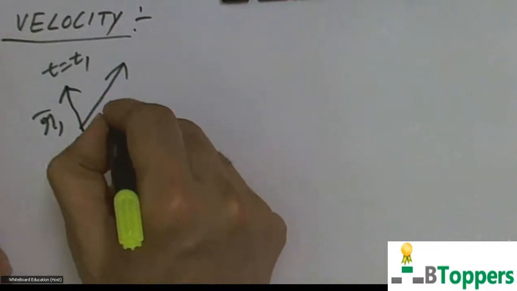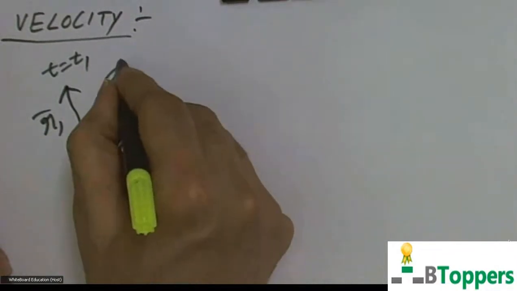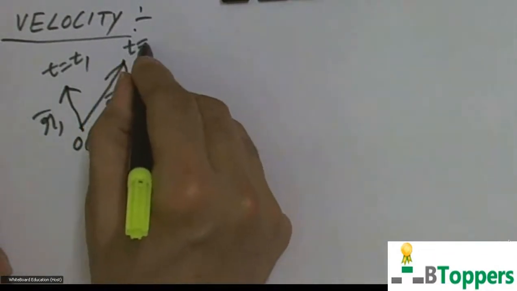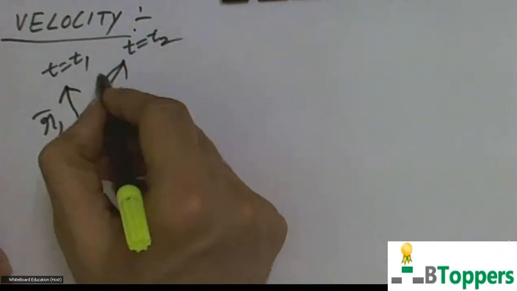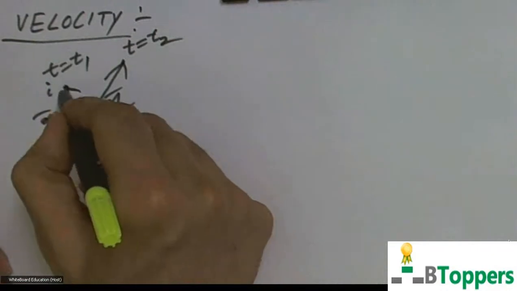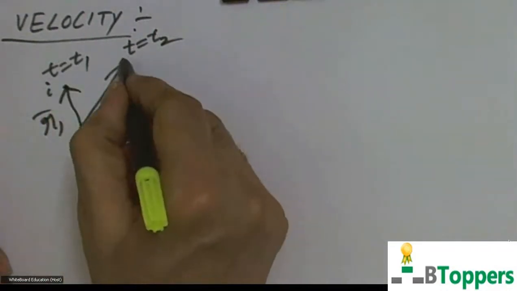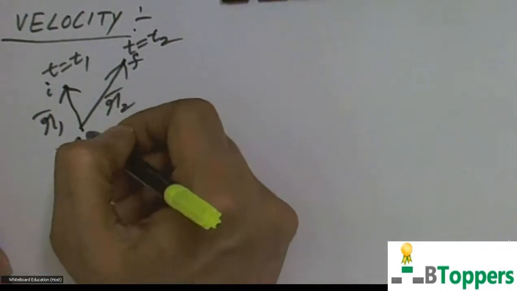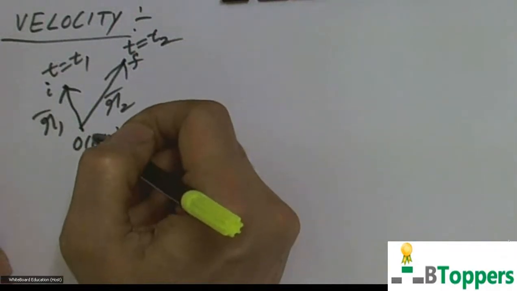Let r2 bar denote the position vector of the particle at a later instant of time t equal to t2. That means this point represents the initial position of the particle, and this point represents the final position of the particle.